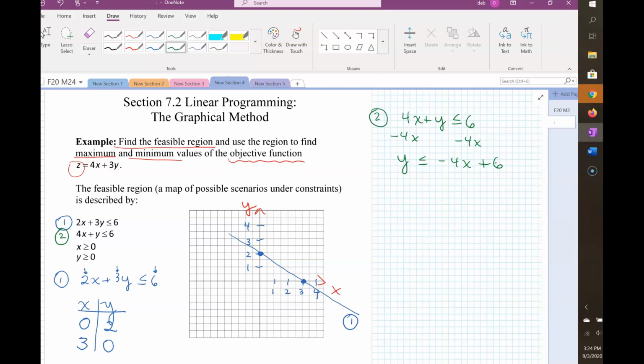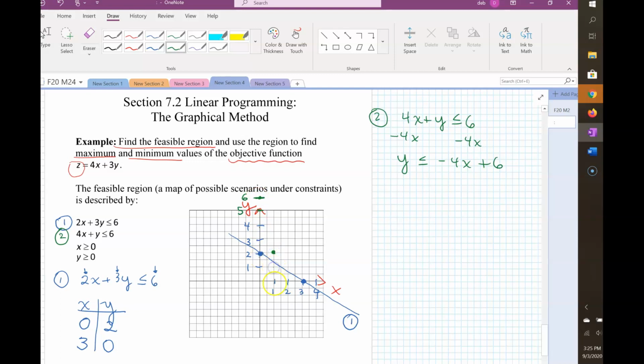Well, hopefully your graph is a little bigger than mine because I can see I'm going to run out of room here and I'm going to go ahead and put a 6 up here. But know that I'm not demonstrating how to do it. I'm telling you how to do it, but I want you to make sure your graph fits on your grid. So I have my y-intercept of 0, 6, and then I go down 4, 1, 2, 3, 4, and over 1.